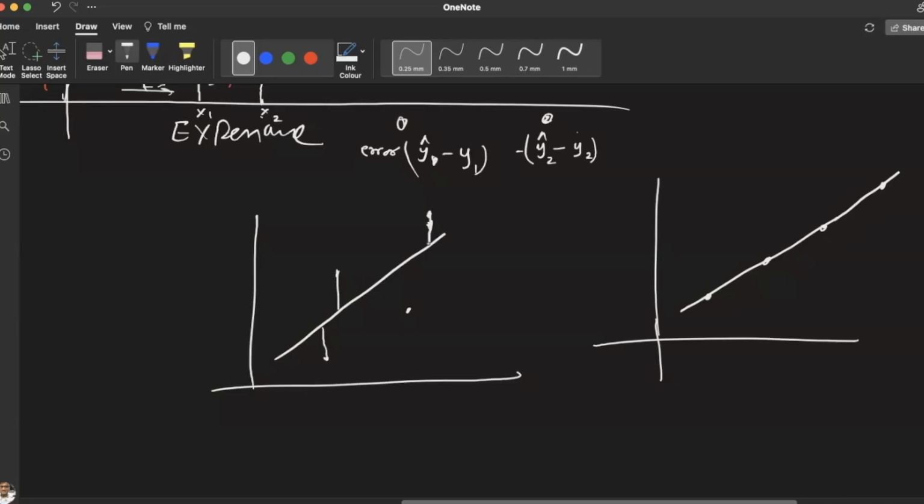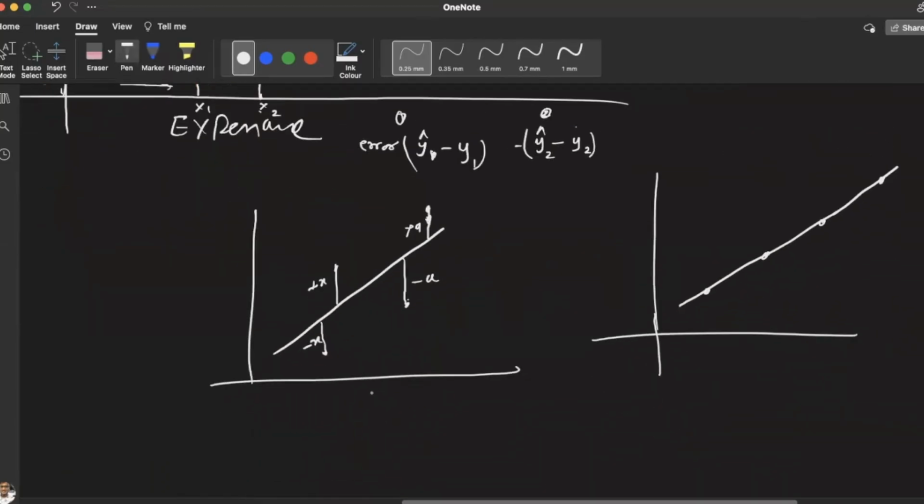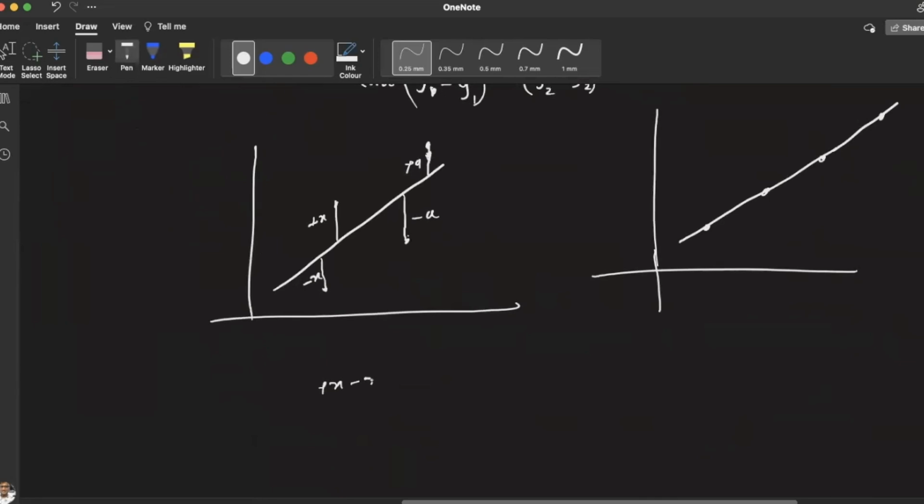So if you calculate the error based on this method, let's say this is plus x, this is minus x, this is plus a, this is minus a. If you calculate the error in this case with this formula, what will happen? Just plus x plus a minus a. Everything will be 0.